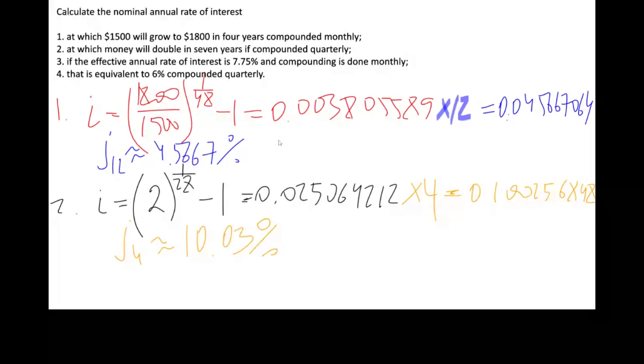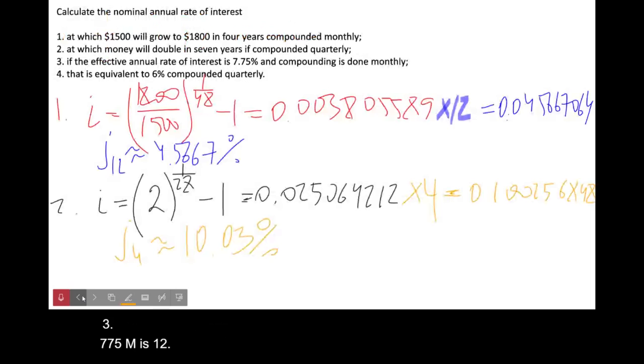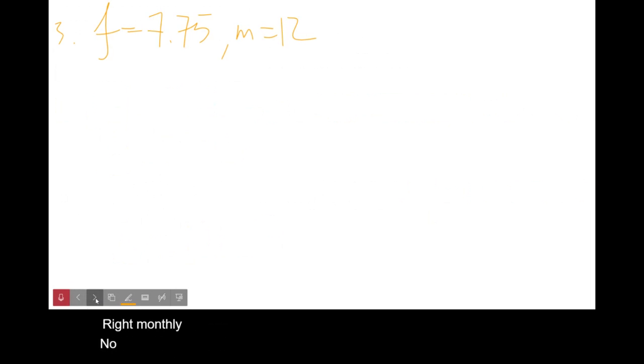Okay, effective rate 7.75, m is 12, right? Monthly. So what we do, invest $1 for 1 year.